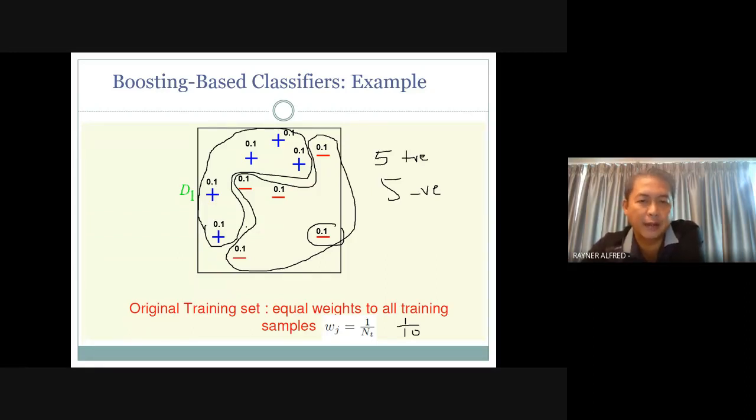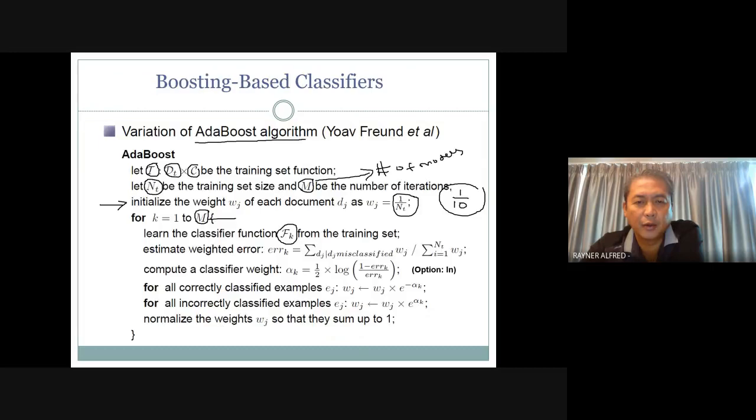But there is no classifier that can correctly divide the samples based on the search space that we have here. Okay. So based on this function, we will look into how many samples are misclassified. So here we will look into the weightage that we have, and also this is the total weightage for all members that we have, the summation of all the weightage from 1 to the number of documents that you have.